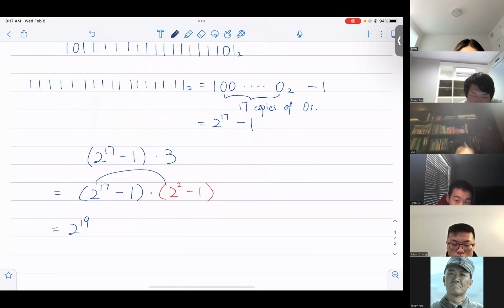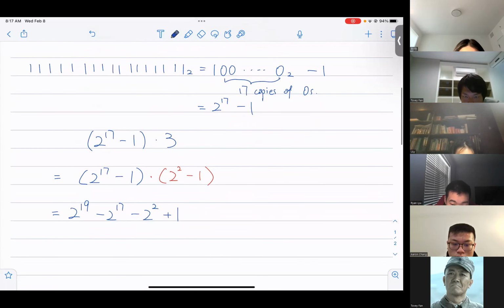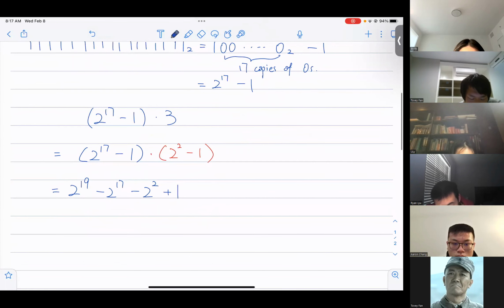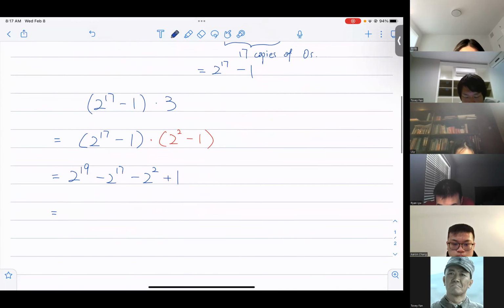And then minus 2 to the 17th. And then minus 2 squared. And eventually add 1 to it. Now we can convert everything back to the binary system with ease, right?